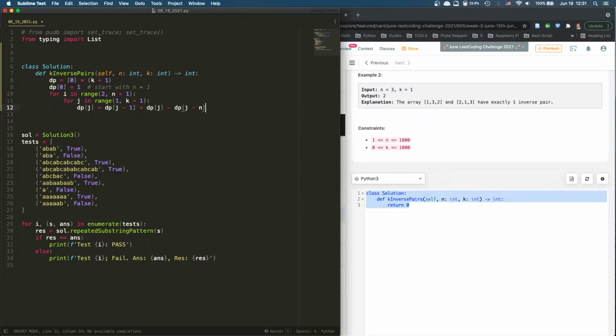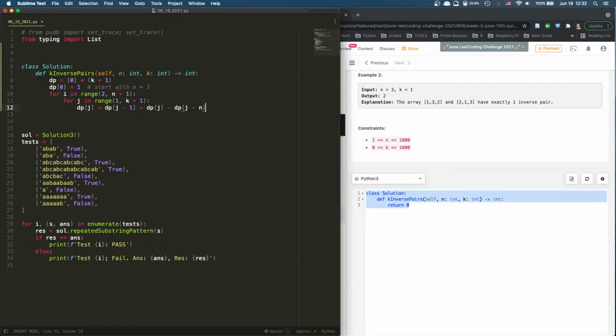So j minus n. So for example here, 0, 1, 2, 3, 4, 5. So 5 minus n will be 0. So we're going to minus 0. But here it is actually minus 0 because I need to go 1, 2, 3, 4, 5. That's the one. So we have 5 values. So it can be this: dp j minus 1 plus dp j minus dp j minus k minus n.